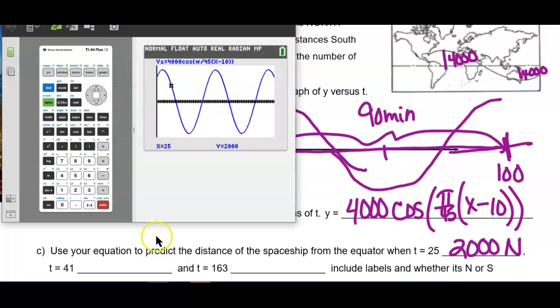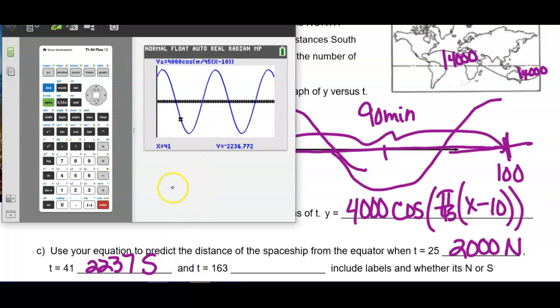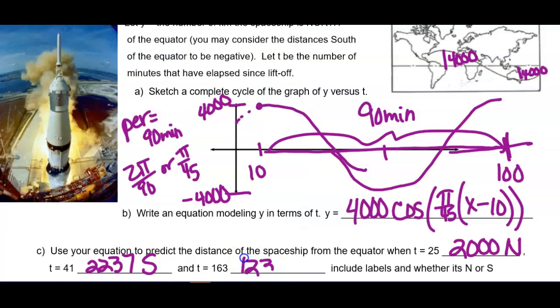Then at 41, it is 2237. I'm just going to round that. South of the equator, and that's why we had a negative number. You could leave the negative, I really don't care, but it's a distance. And 163 into the story, it's 1236 to the south of the equator.